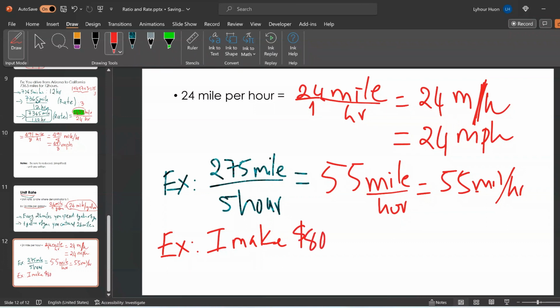Just as an example, like I make $80 a day. Do you see the screen? A day is normally 24 hours.